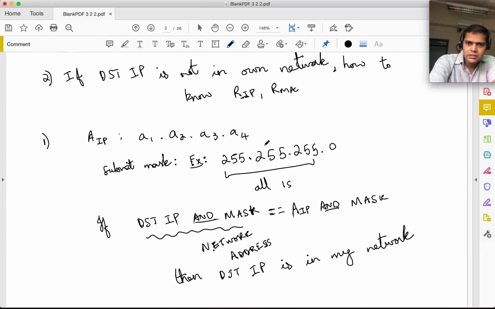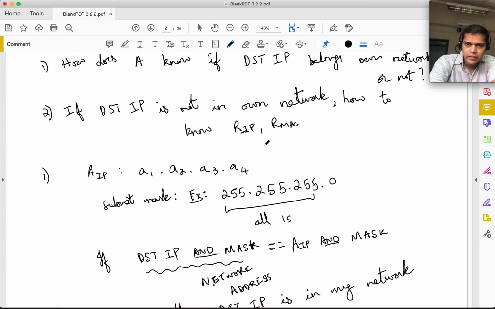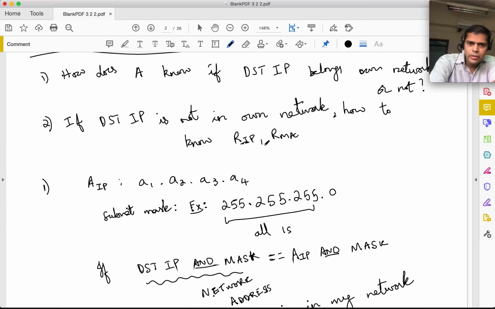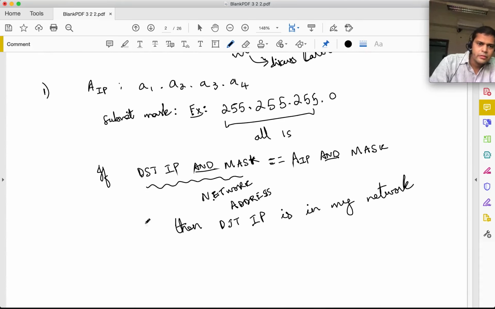This is an issue, and so now let's assume that we know RIP. We'll just discuss this later. So suppose now we know RIP, how do we find RMAC?